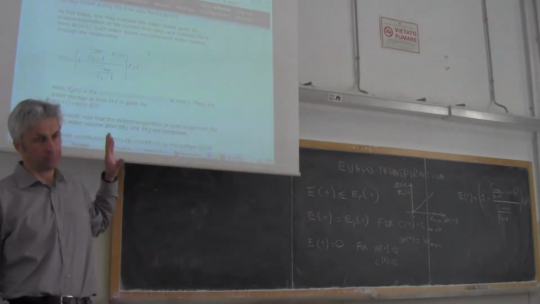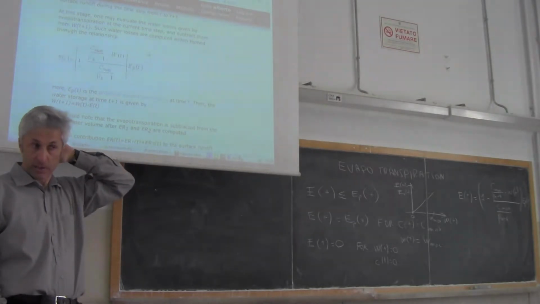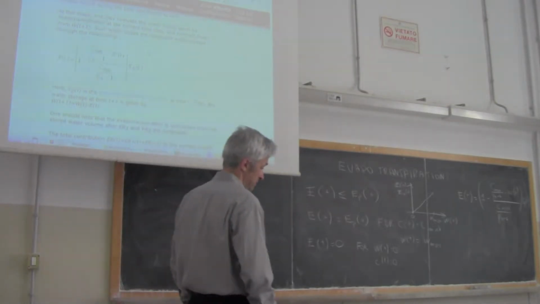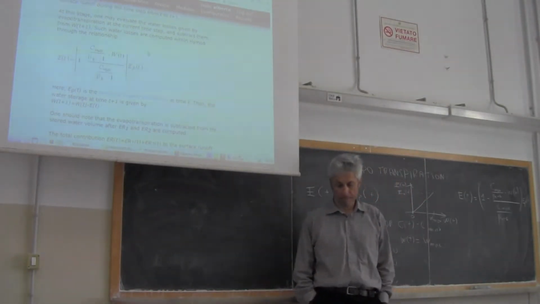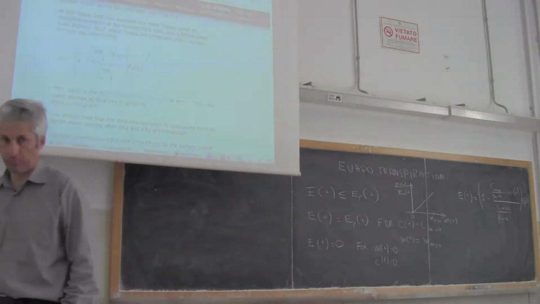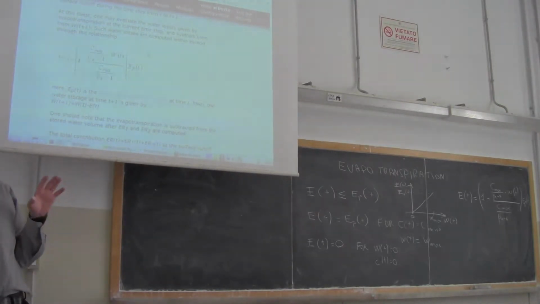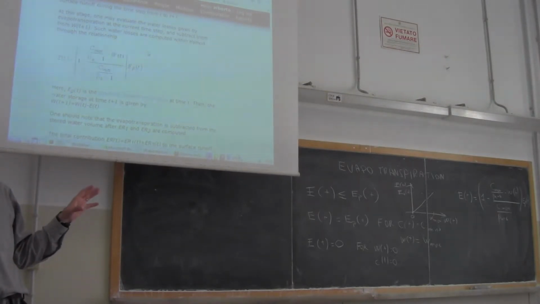What should I do with this estimate of actual evapotranspiration? I should take into account that this is water lost from where? From the storage into the catchment.